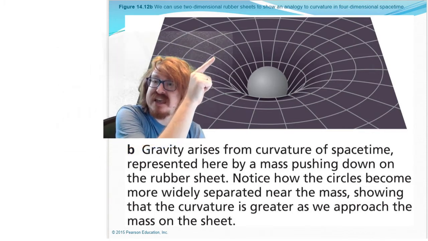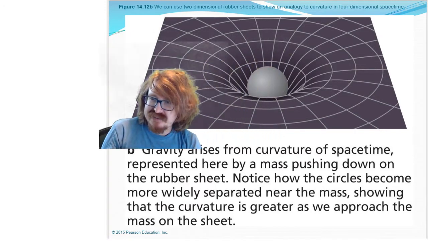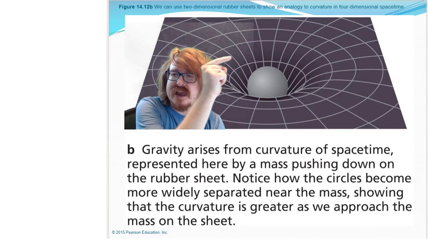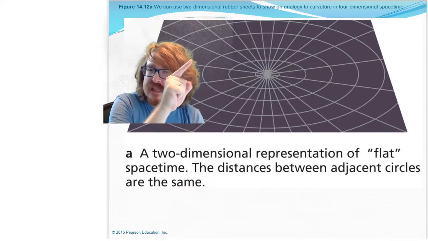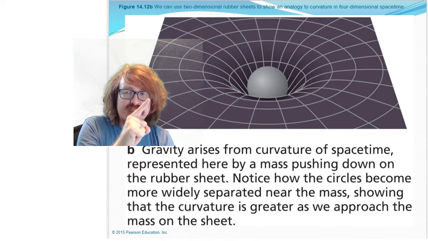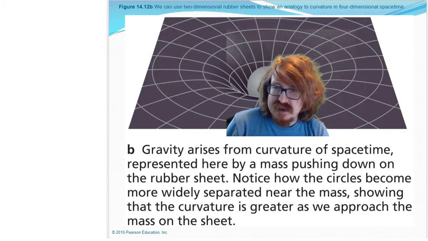It's going to end up curving its path, right? So instead of being able to go in a nice straight line, like it could when the universe was perfectly flat, where the mass is, because it's downhill in that direction, the path will curve around that object.